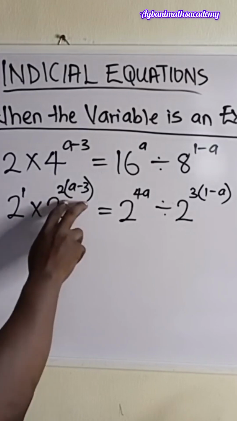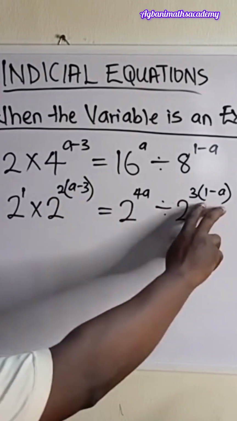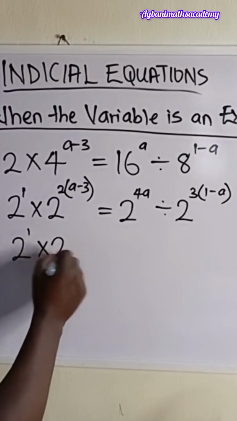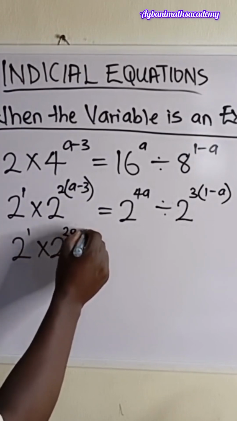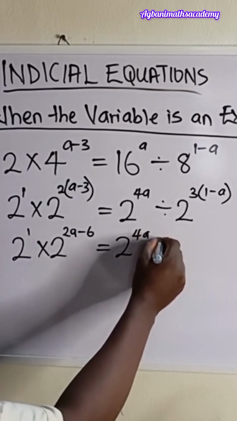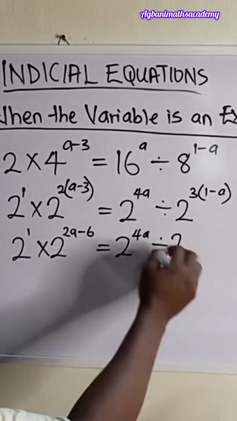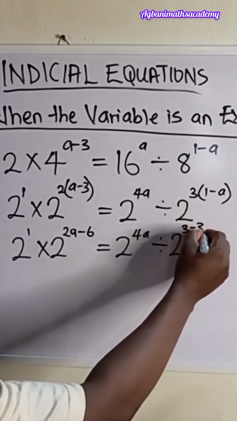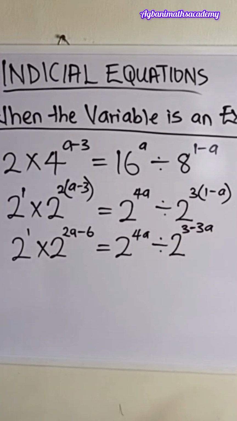Next, let's try to eliminate this parenthesis over here. So we're going to have 2 to the power of 1 times 2 to the power of 2a minus 6 is equal to 2 to the power of 4a divided by 2 to the power of 3 multiplied by 1 gives you 3. 3 multiplied by minus a gives you minus 3a. So we have eliminated the parentheses.